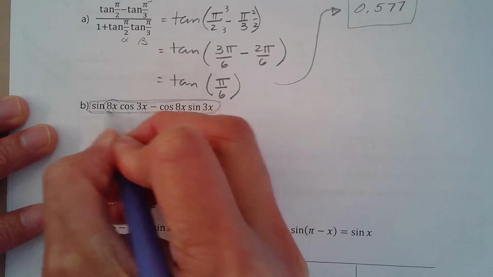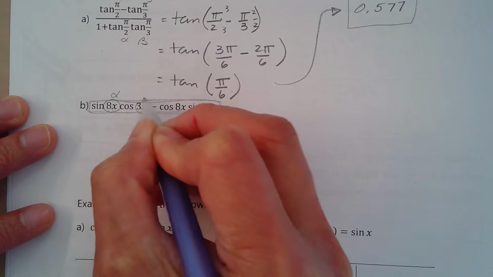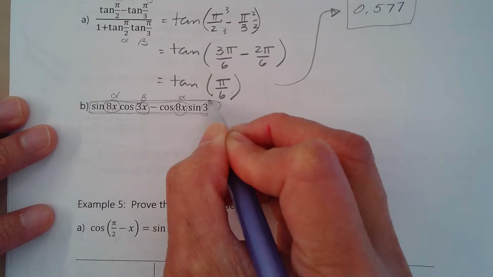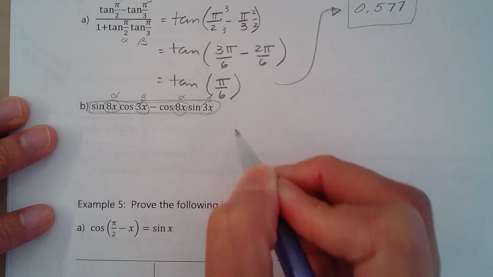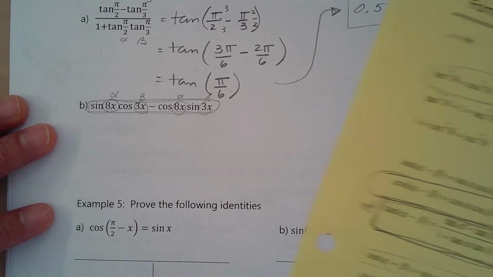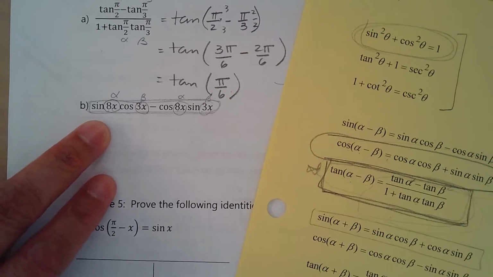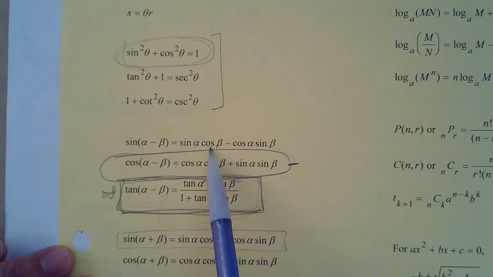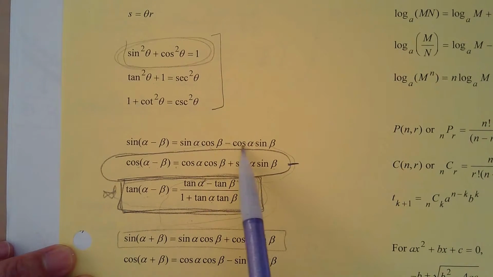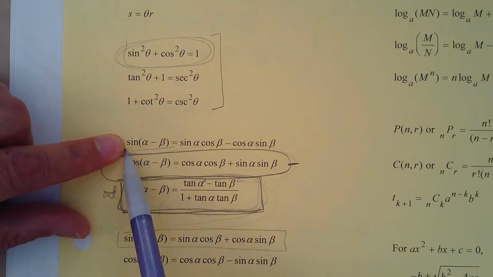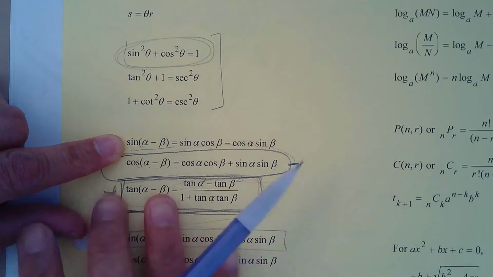So what would be the simplest form of this? When you think of this as your alpha and this as your beta, sine cos minus cos sine, we can simplify that as sine of alpha minus beta.